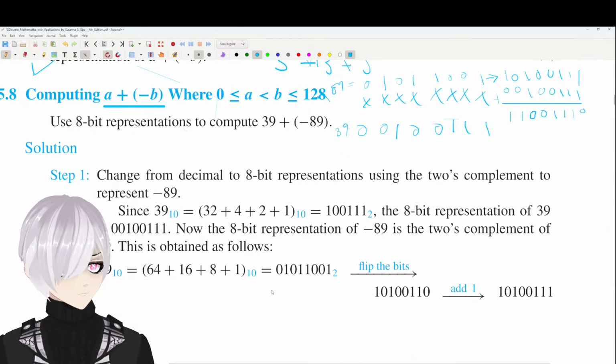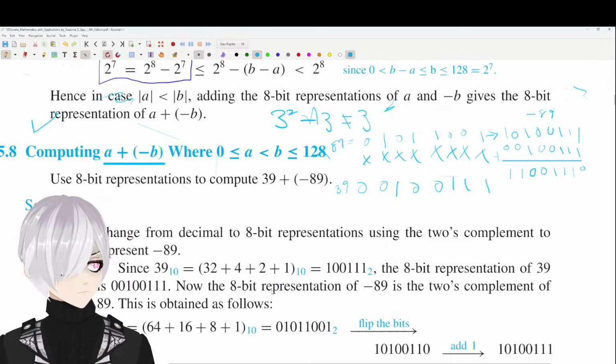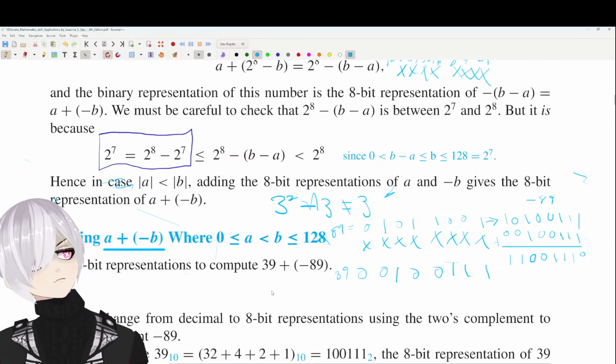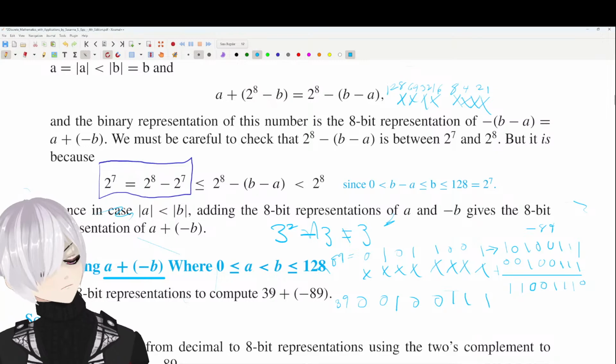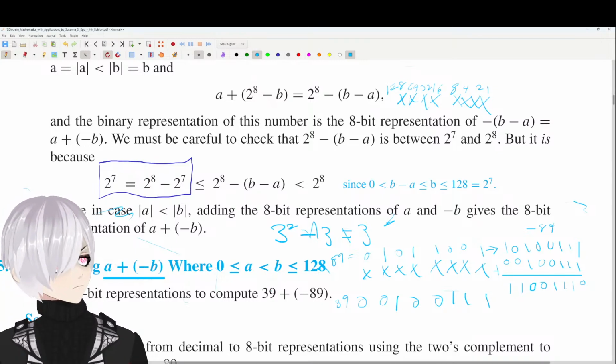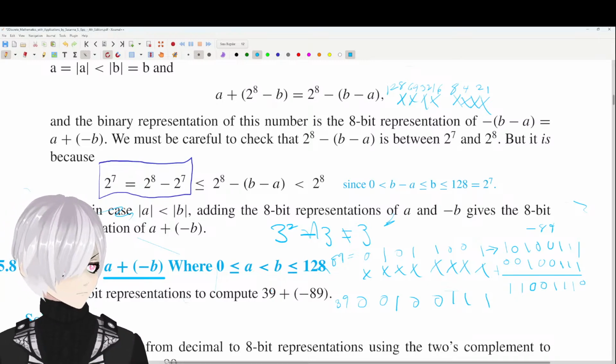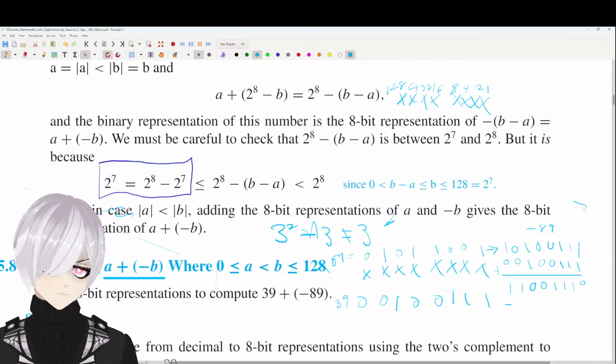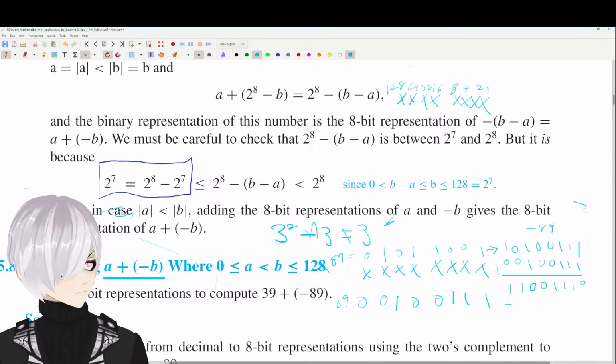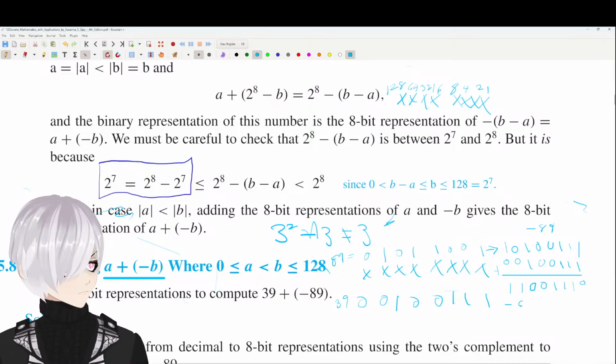So now we just have to find the decimal equivalent of that. We see that we got a leading one, and the rule is if you have a leading 0, it's the representation of a positive integer. If you have a leading 1, it's the representation of a negative integer.